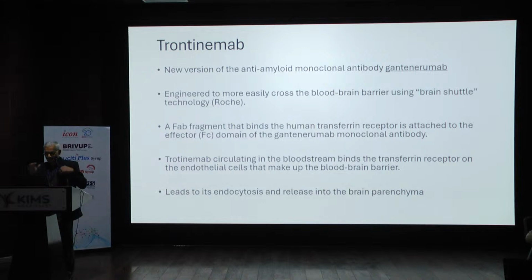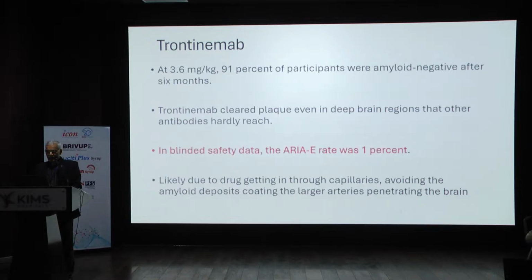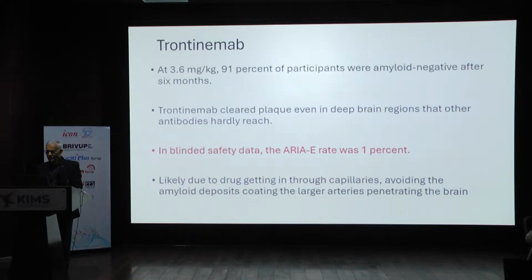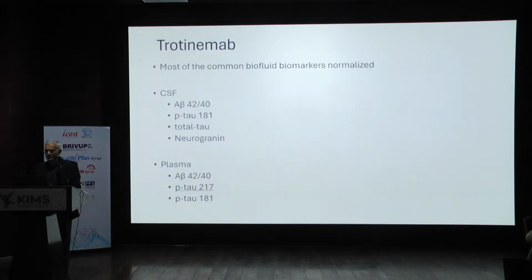They are claiming that this drug removes amyloid from the deeper part of the sulci and gyri, and has a reduced chance of ARIA, as the phase 3 trial showed only 1% ARIA-E risk. So this is not yet approved by the US FDA, but this is one more drug which is in the pipeline.